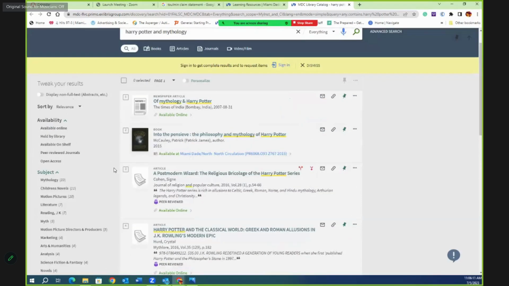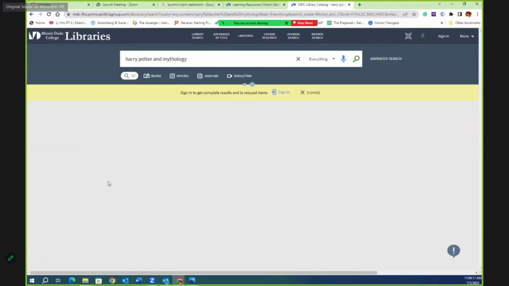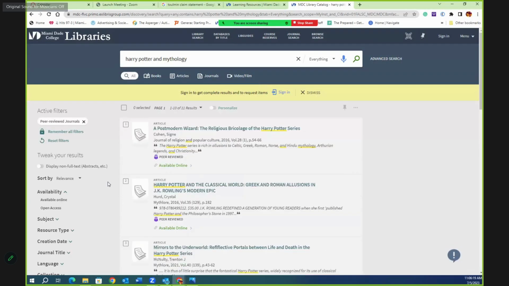The first thing I like to do is click on that and apply the filter for peer-reviewed journal articles. That means these are articles written by research academics who post them in journals. Okay, and journals are actually printed books of research, right?